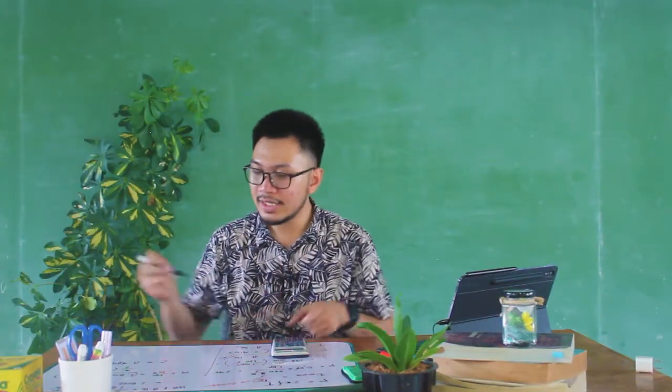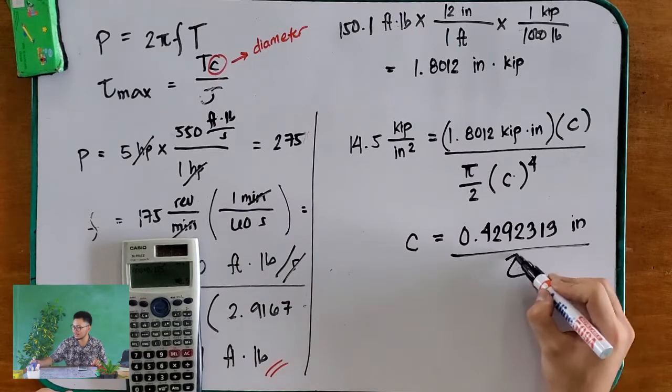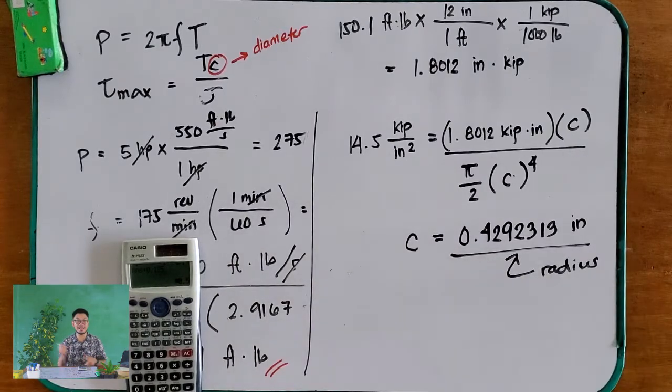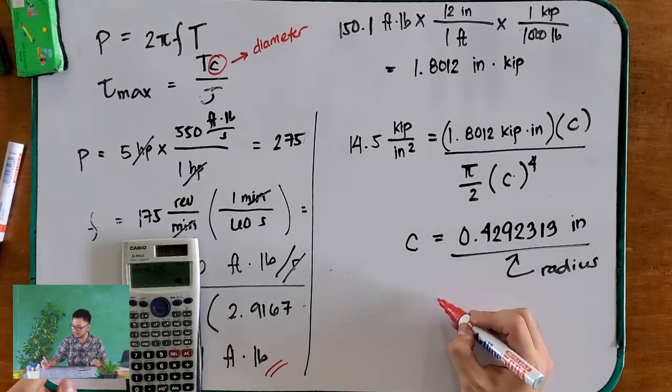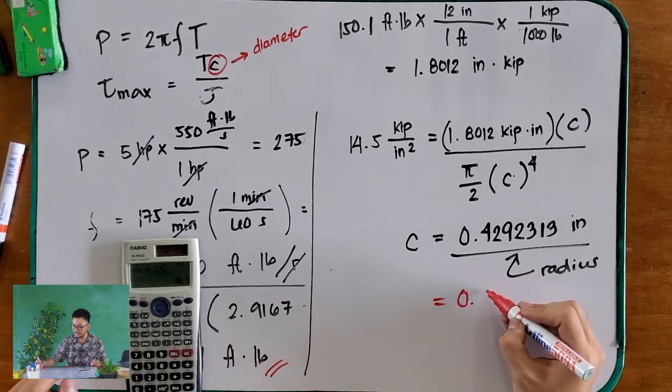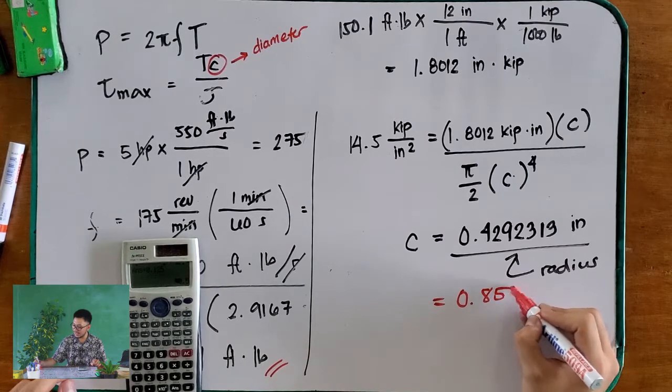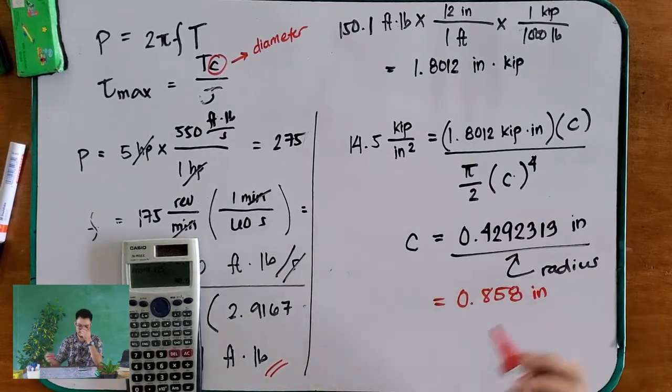This one is the radius. And to get the diameter, we have to multiply that by 2. So by multiplying that by 2, we have 0.858 inches.